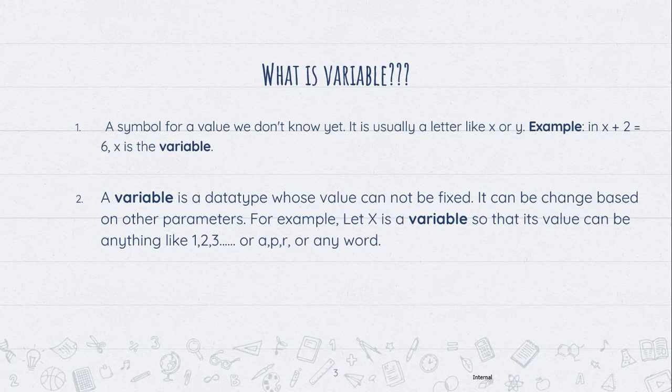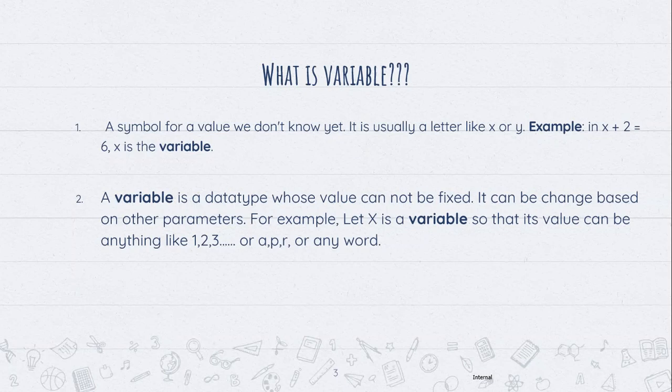A variable is a data type whose value cannot be fixed. If you want x to be equal to 5 only, completely used throughout your code, then you have to make x a constant, not a variable. A variable is that thing whose value will be changed.